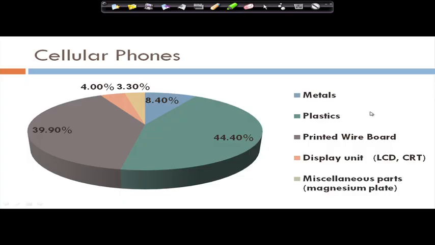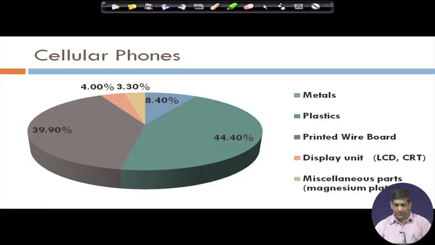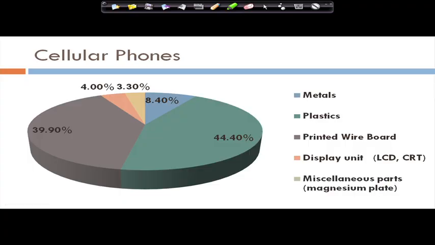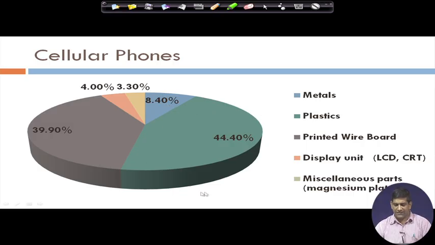So, for example, in a cellular phone, around 8.4% is metal. We have lots of plastics in a cellular phone, and plastics are actually going up, metals are coming down. Then we have the printed wire board, which is nearly 40%. The display unit is 4%, and there are some miscellaneous parts as well.